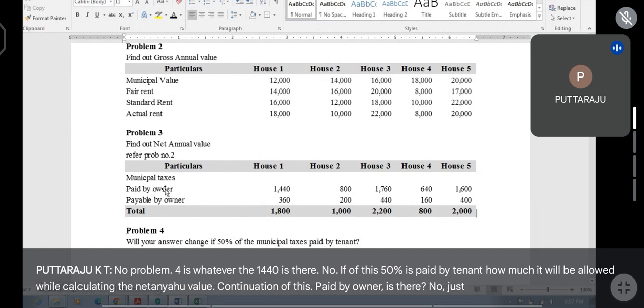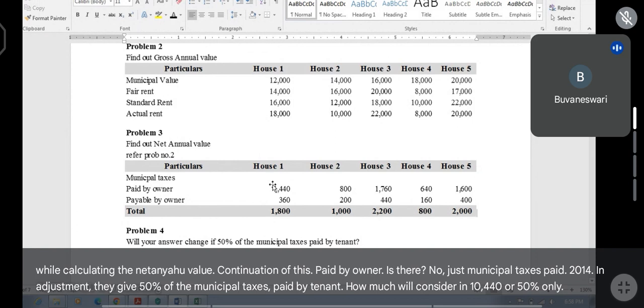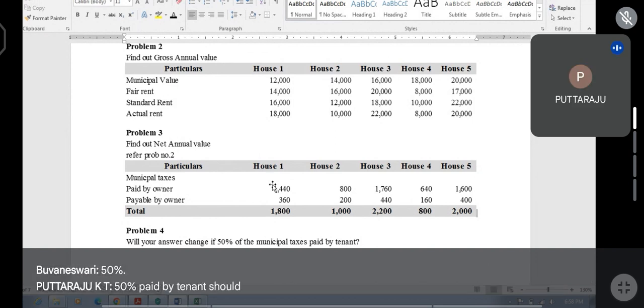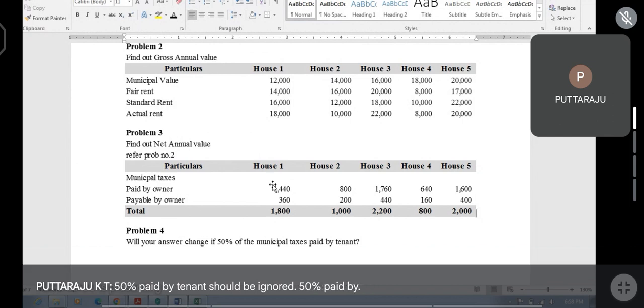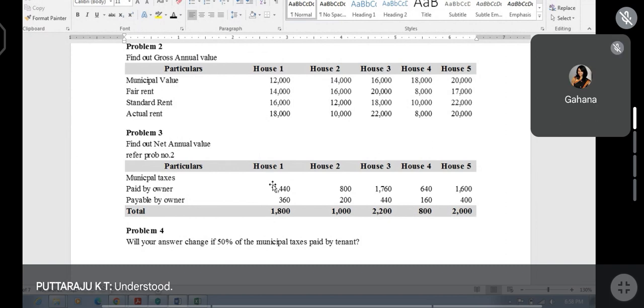Just municipal taxes paid, 1,440. In the adjustment they give 50% of the municipal taxes paid by tenant. How much will you consider, the entire 1,440 or 50% only? 50%. 50% paid by tenant should be ignored. 50% paid by owner should be considered. Understood? Yes, sir.